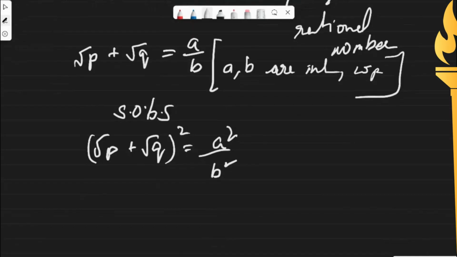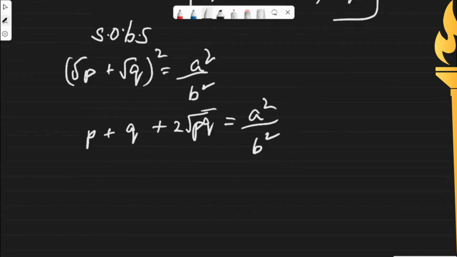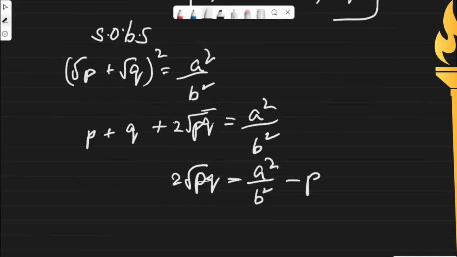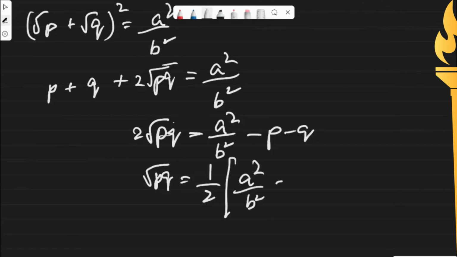Now, we need to apply a plus b whole square. It will be p plus q plus 2 into root pq equal to a square by b square. Next, 2 root pq is equal to a square by b square minus p minus q, and root pq will be equal to 1 by 2 into a square by b square minus p minus q.